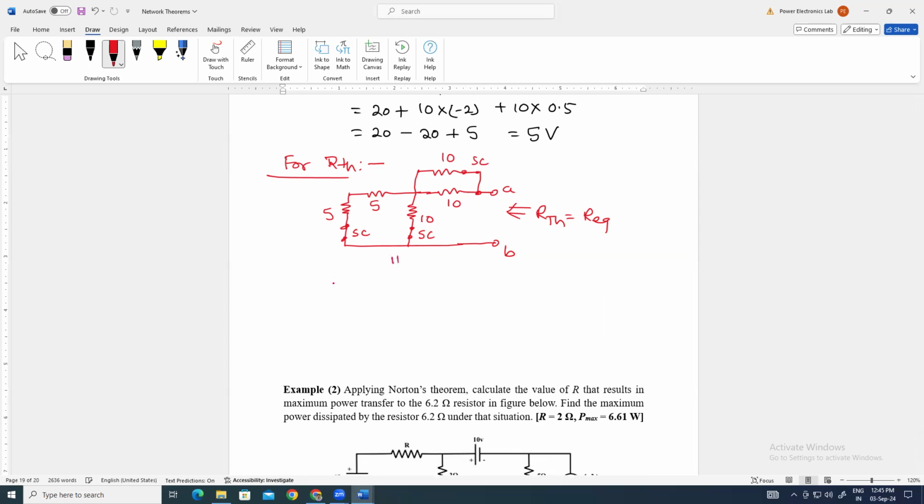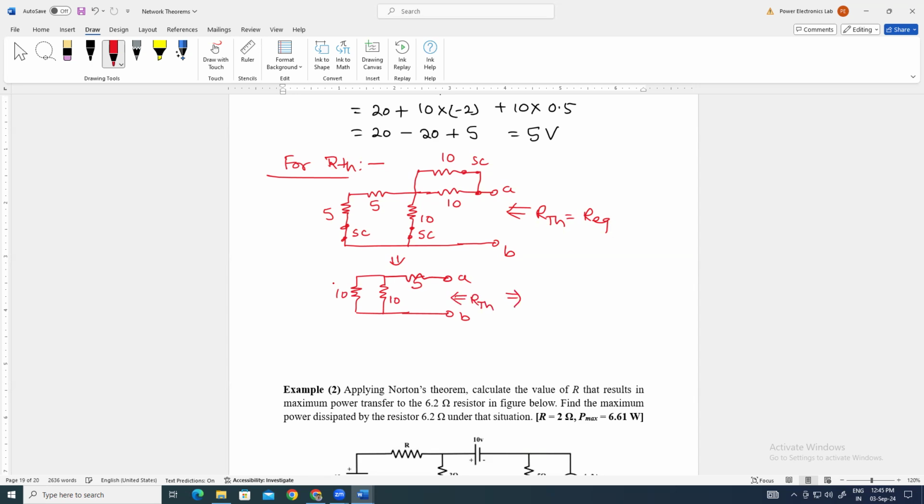So if we further resolve, this can be resolved into this. This will be 5, AB. This is 5, 10, 10, RTH.